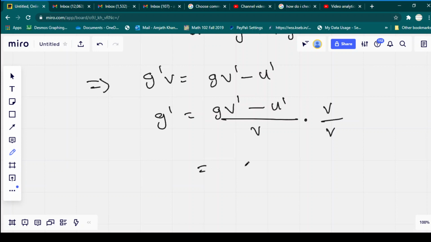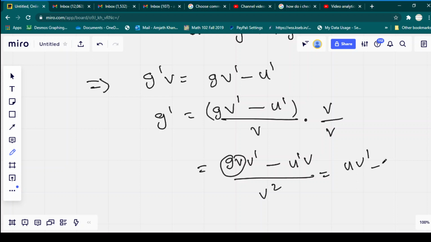You will get the usual quotient formula. So here, if you distribute this v over the bracket, it is u prime v minus g v v prime, all divided by v squared. We know that this gv is u, so u prime times v minus u times v prime, divided by v squared.